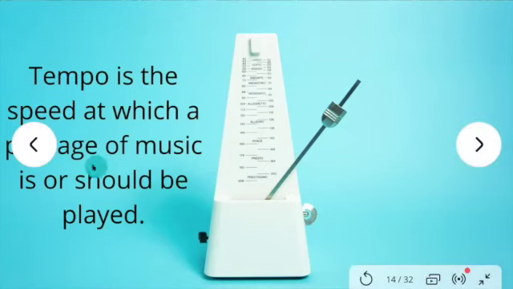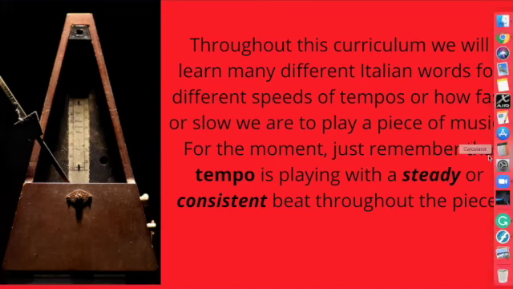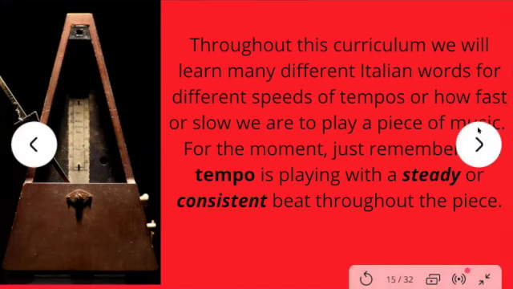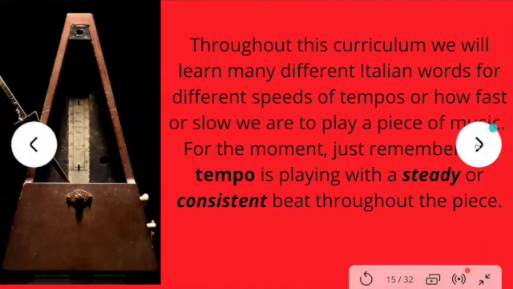The word passage means a short section, so we could have multiple tempos inside each piece of music. Throughout this curriculum, we'll learn many different Italian words for different speeds of tempos, or how fast or slow we are to play the music. For the moment, just remember that tempo is playing with a steady or consistent beat throughout the piece.